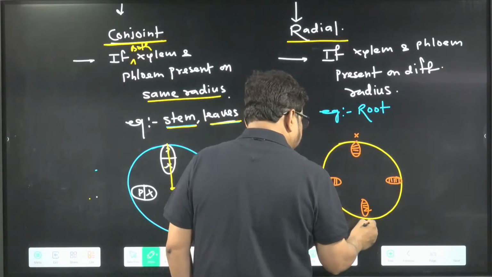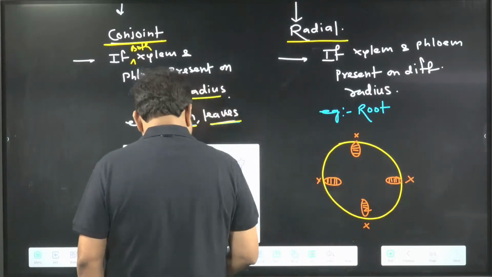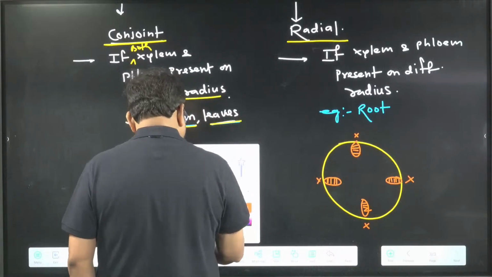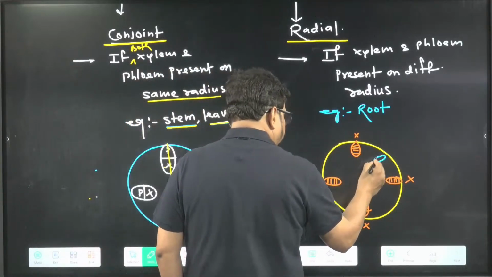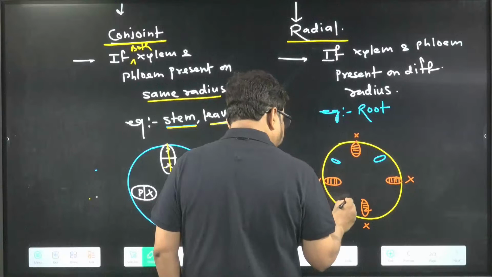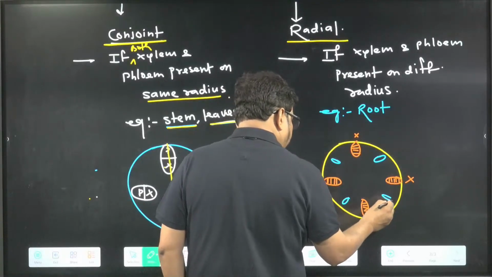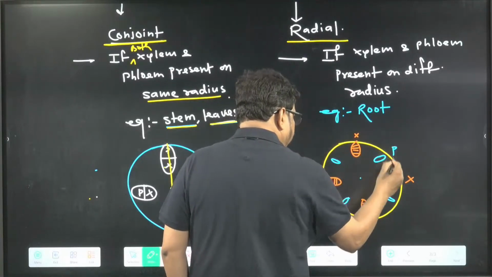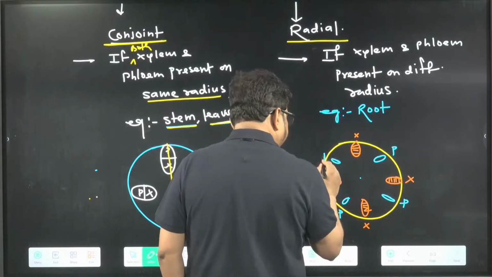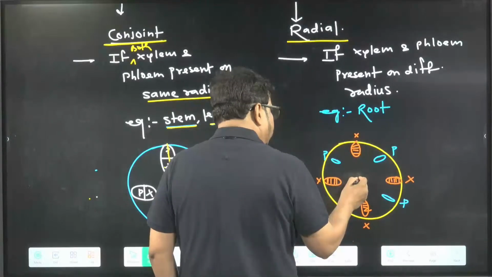X, X, X, X I am writing. Later on I am drawing another diagram. Here it is phloem, phloem, phloem, phloem. P, P, P, P. And it is the center. Now I am drawing a line.